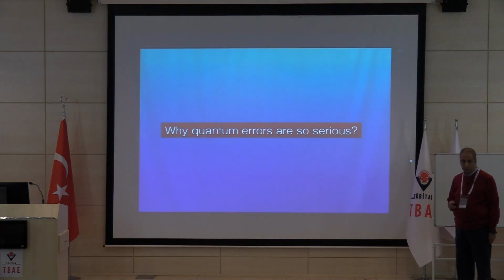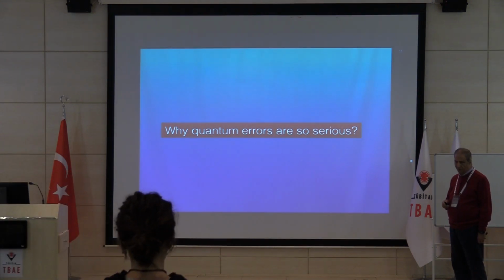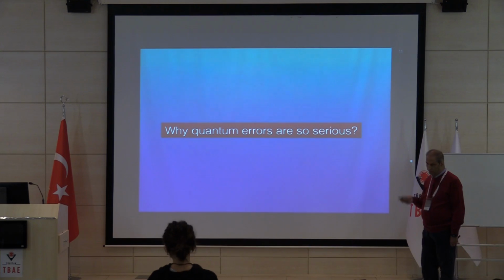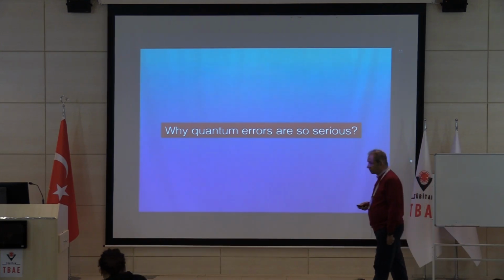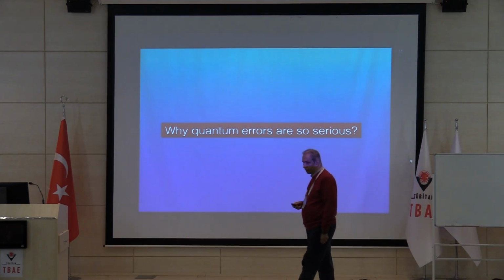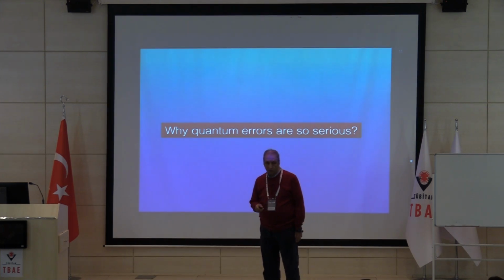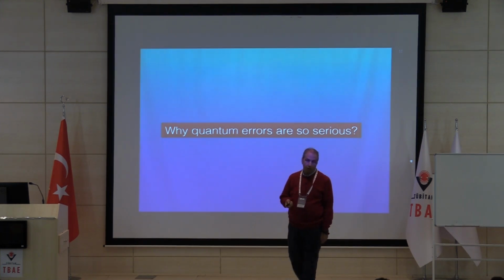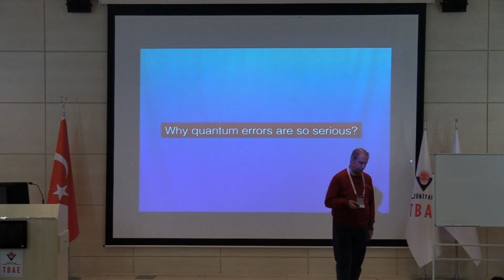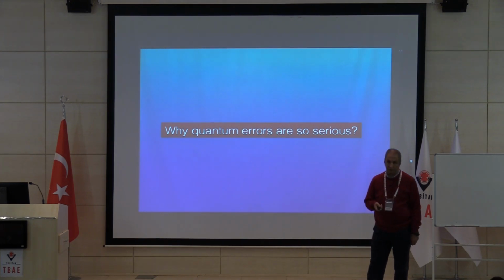Why are quantum errors so serious? In fact, they are very bad. They can destroy all computations. There was a time when people thought that all these quantum algorithms are fascinating, very powerful, and can solve extremely hard problems in short times.